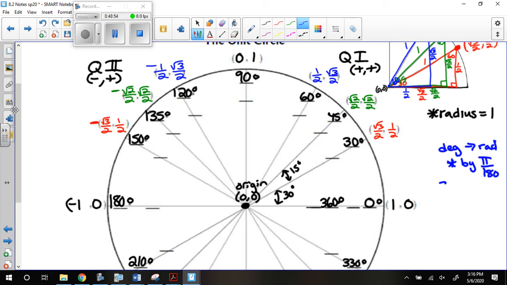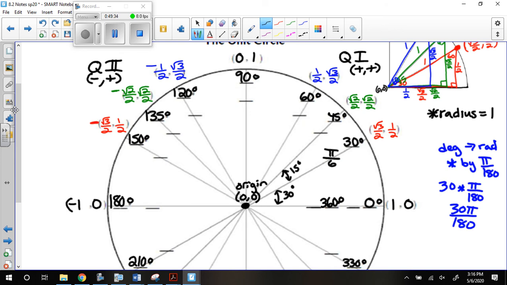So for instance, 30 multiplied with pi over 180 would be 30 pi over 180. So you can change 30 degrees, and that reduces to 1/6. So it'd be pi over 6. Now, you don't technically have to do that for every single one of these, but you can.